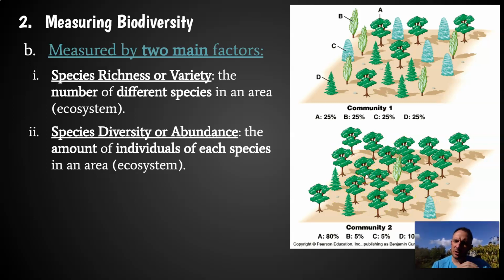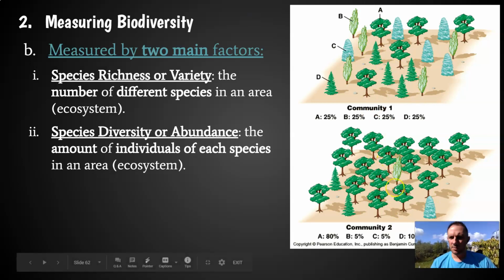So if we just looked at variety, they're both the same. But if we look at the diversity, in other words, how diverse is this group actually? What is the abundance of these different species? In this one, we're going to count the number of individuals of each species and then compare those. And what we'll find is that this one has a higher diversity than this one here. This bottom one, community 2, is dominated by one type of tree species.